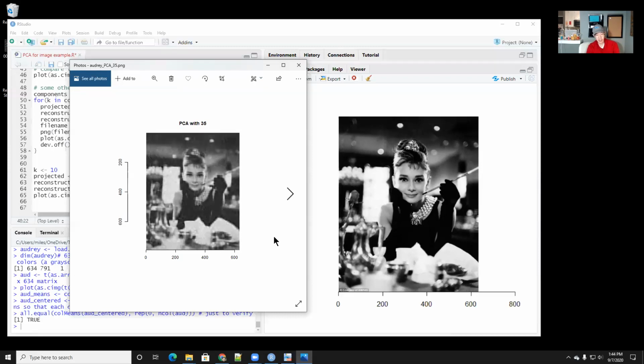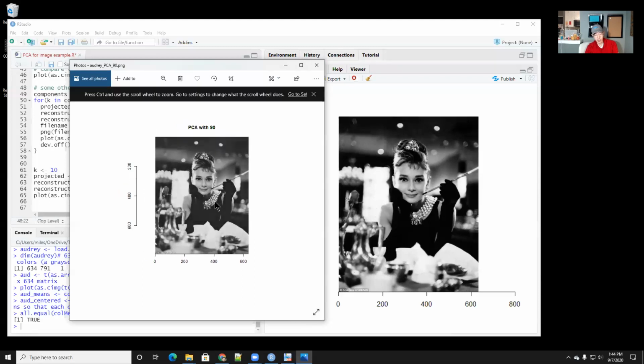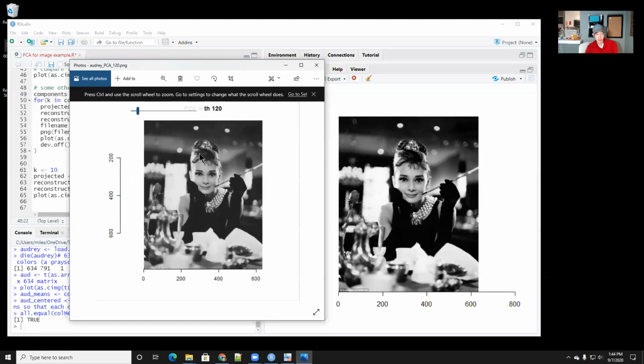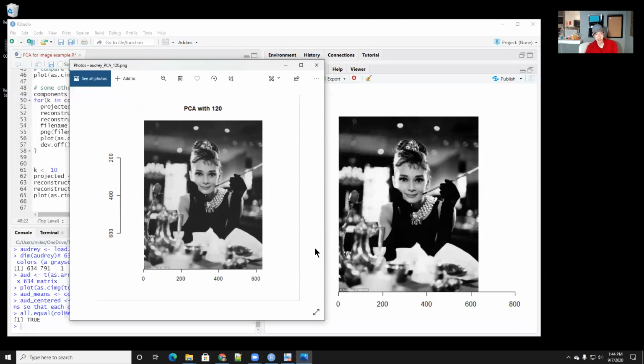As I increase the number of principal components, the image gets sharper and sharper. Here it is with 50, and at 70, I would say it looks pretty good. By the time we get to 120 principal components, I would have a hard time distinguishing between this image and this image.